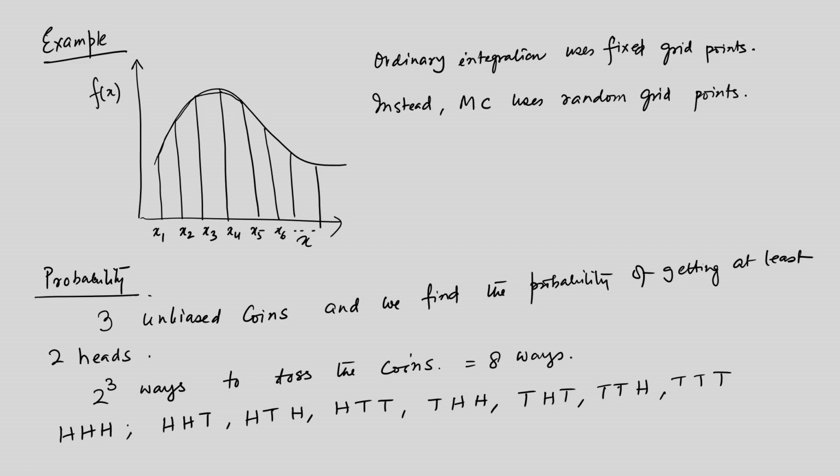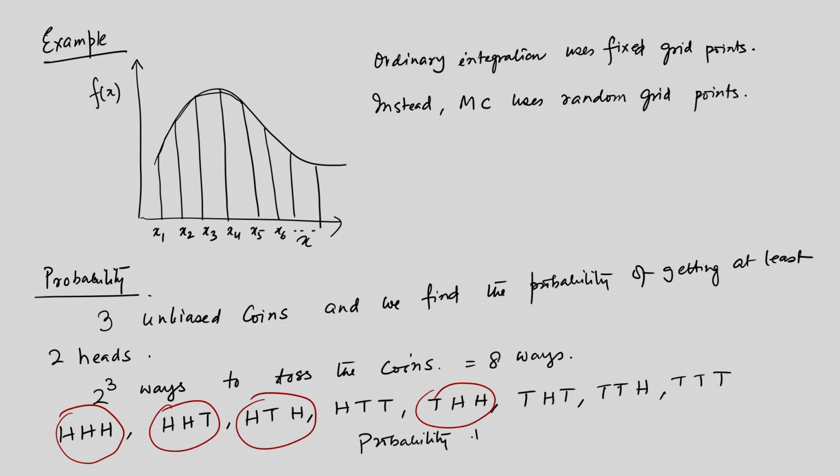Now, how many of them have at least 2 heads? This one has, this one has, this one has, this one has, and so on. So, the probability that we asked for is equal to 4 divided by 8, which is equal to 0.5. So, there is a half probability of getting at least 2 heads for 3 unbiased coins.